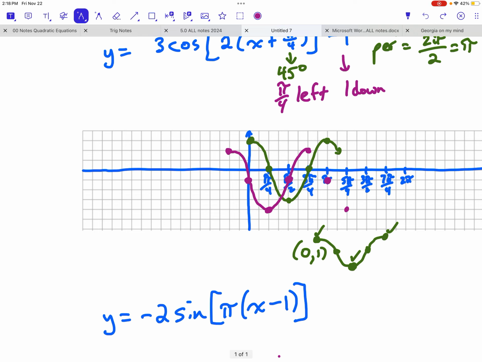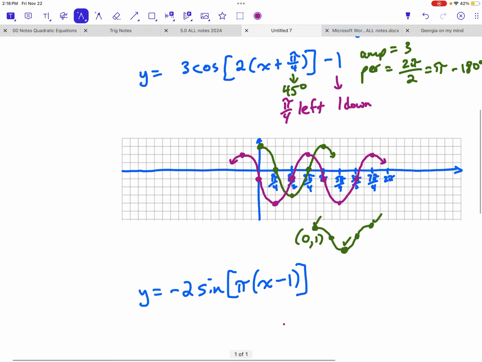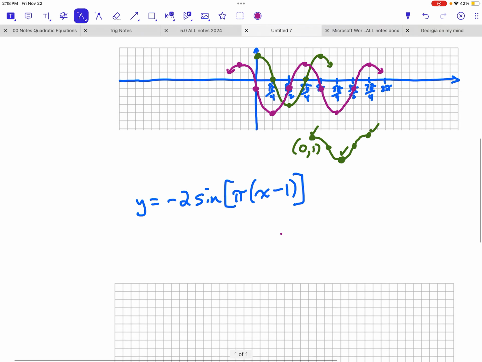So these are the minimums right there, right? This is the equilibrium line. So it's going to be 2 over, it's going to be back at the equilibrium, 2 over, it's going to be at the maximum. There we go. That is the stretched and shifted version. So the purple graph is the final version.